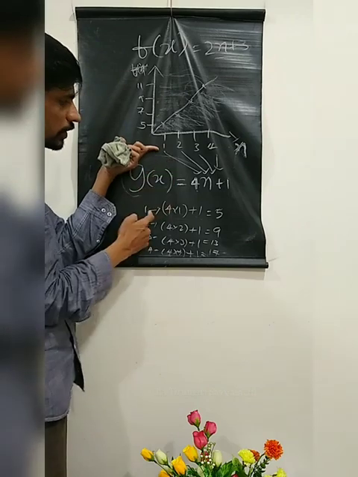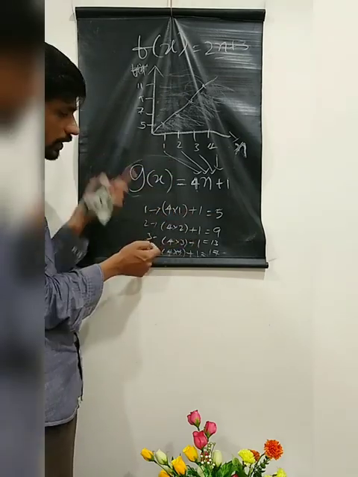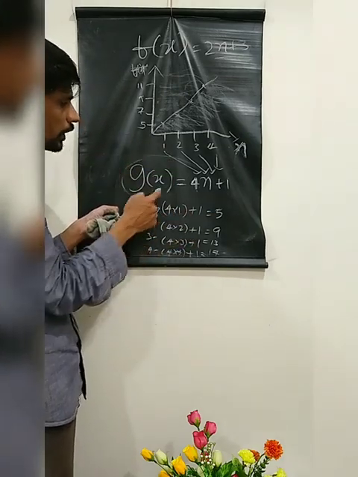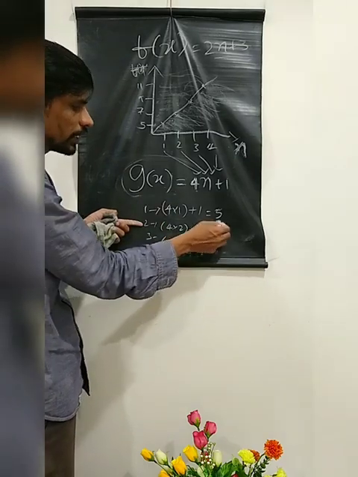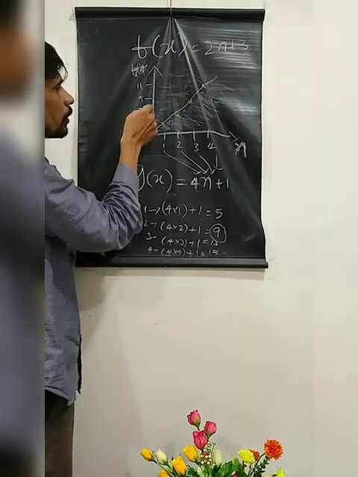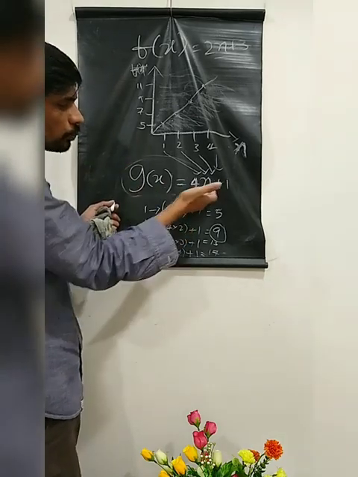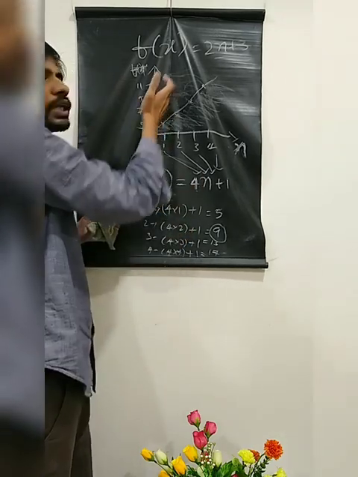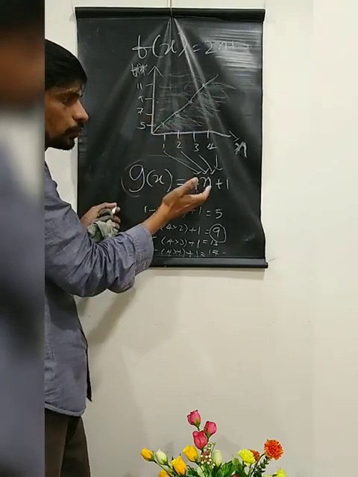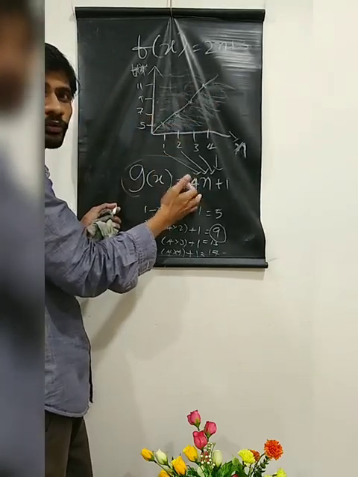My f of x and g of x produce the same value. But when I pass 2 to g of x, I get 9, whereas for f of x my value is 7. That means this line, if you plot it, will come above, not below this. So we can't choose this function.